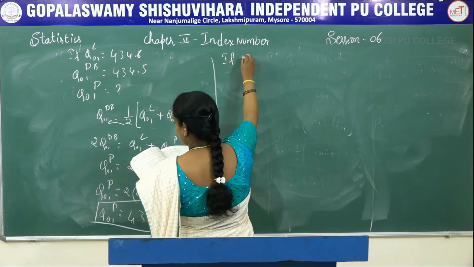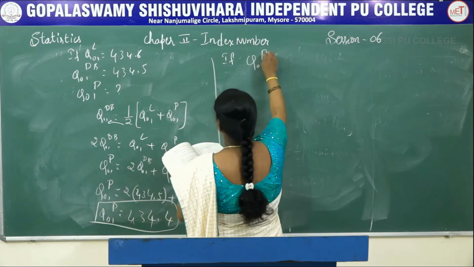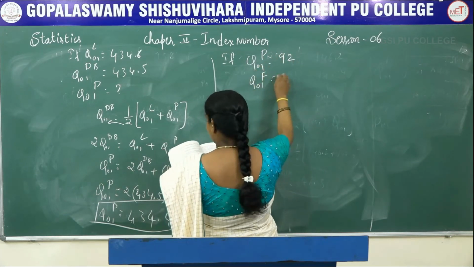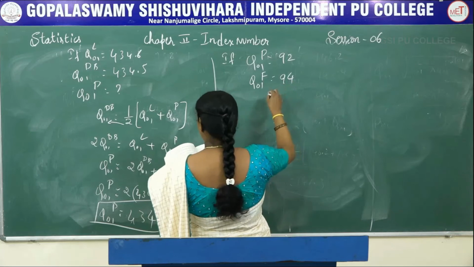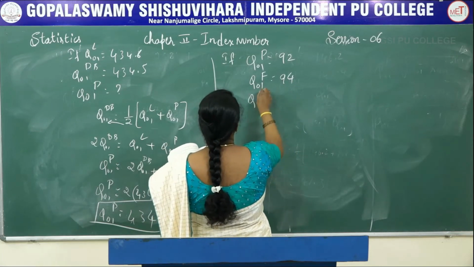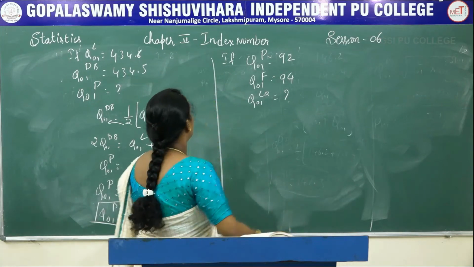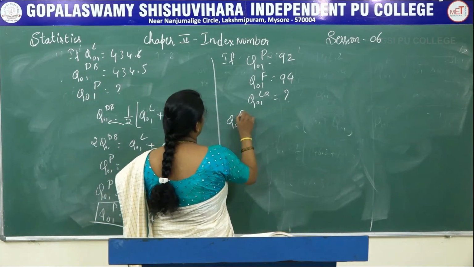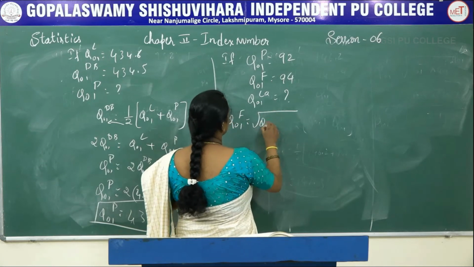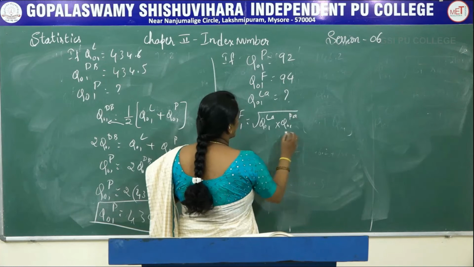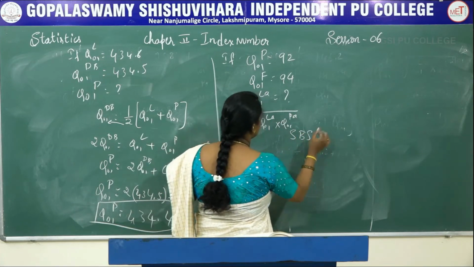If Paasche's is 92, Fisher's quantity index is 94, find Laspeyres. As we know the formula for Fisher's, it is square root of Q01 of La into Q01 of Pa, again squaring on both the sides.